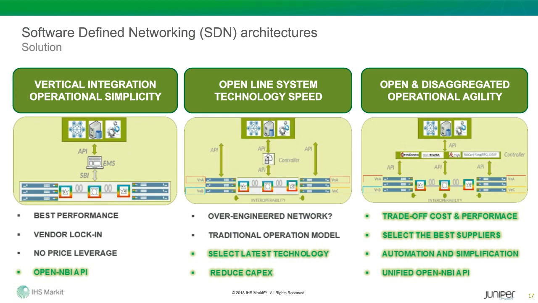The evolution in the modern SDN architecture is the transformation of the role of the EMS into an open optical controller, and going with partial disaggregation. We define this type of architecture as an open line system.